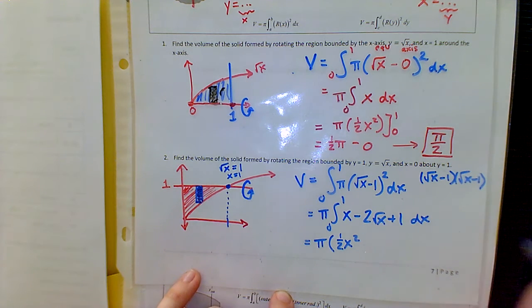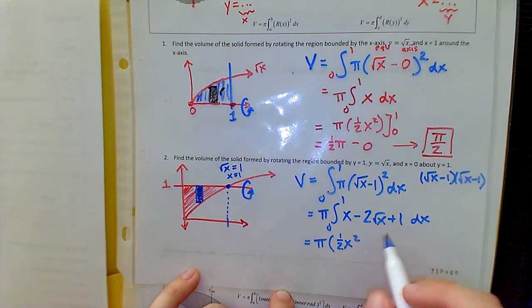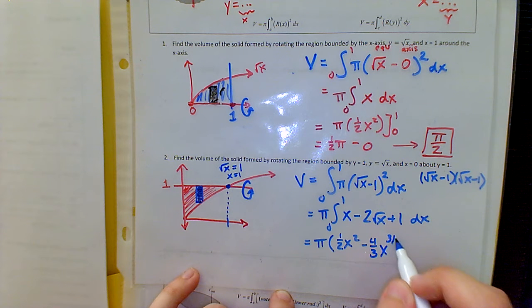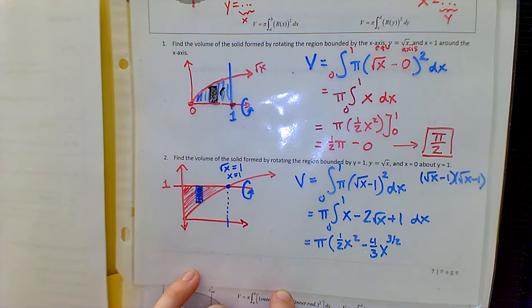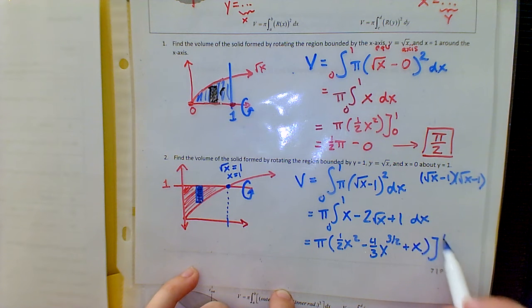Maybe you want to rewrite that as a power of 1/2 to help you out. Good, Eric? Negative 4/3 x to the 3/2. Okay. We still hanging in there? All right. And then backwards from 1 we have x.